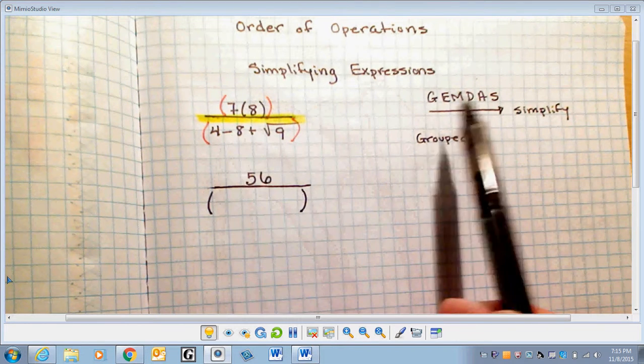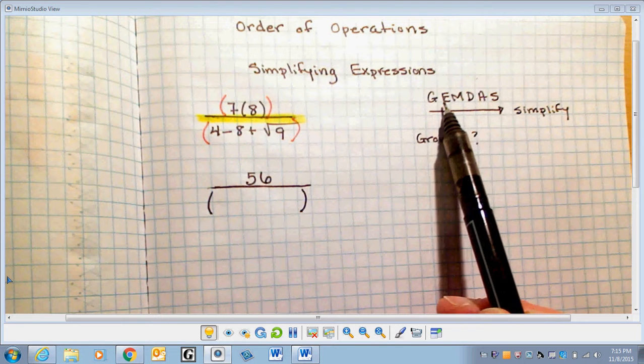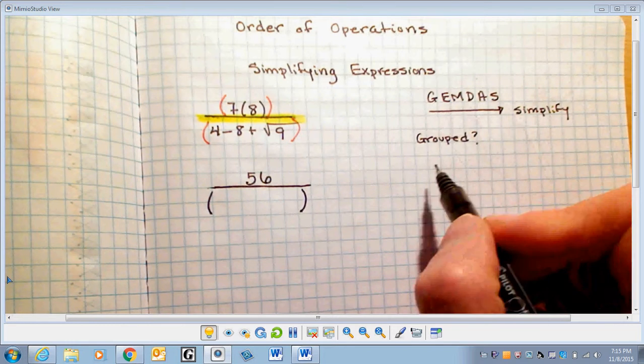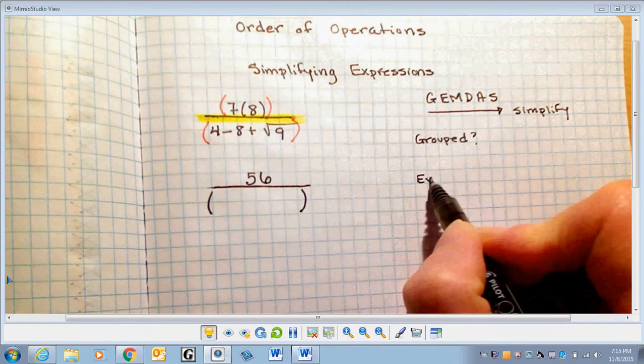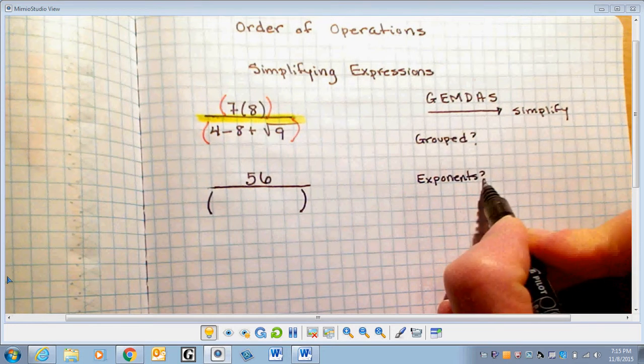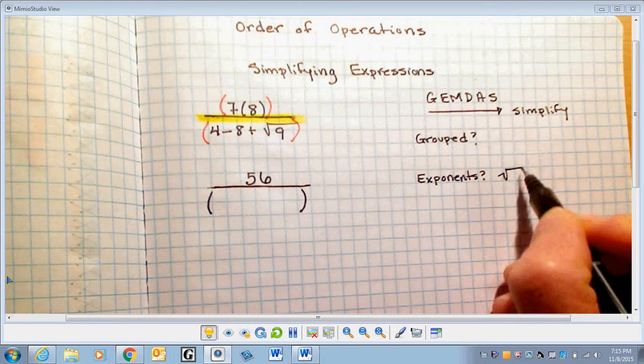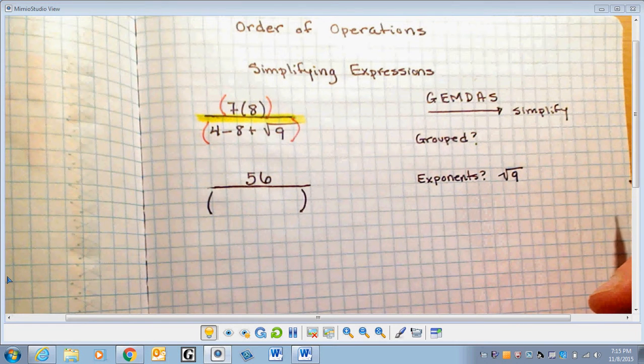Looking inside my grouping, the first thing I ask myself is, do I have any exponents? Are there any exponents in my grouping? And the answer is yes. My square root of 9, that is an exponent.